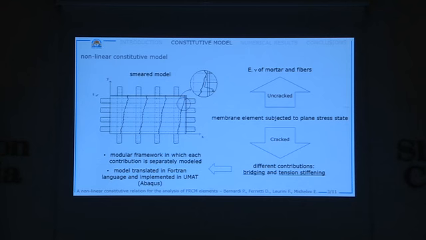If it's considered uncracked, only the elastic modulus and Poisson coefficient of mortar and fibers govern the behavior of the material at that point, while if it's considered cracked, other contributions have to be taken into account, like the bridging of the mortar itself, or the initial stiffening that the fiber grid exerts over the mortar.